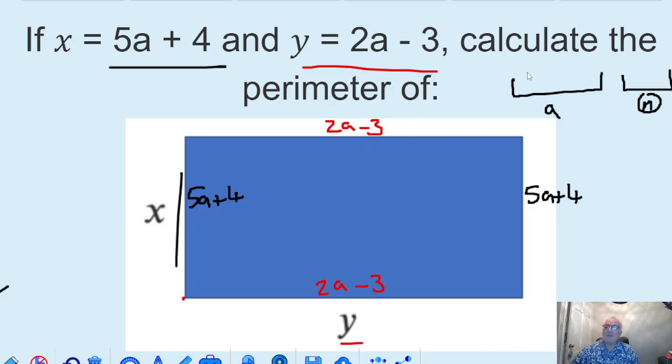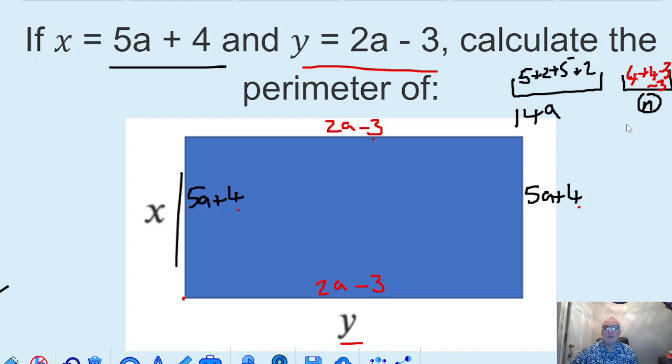I've got 5, add 2, add 5, add 2. So I've got 14 lots of a. And then my numbers, I've got 4 plus 4, take away 3, take away 3.